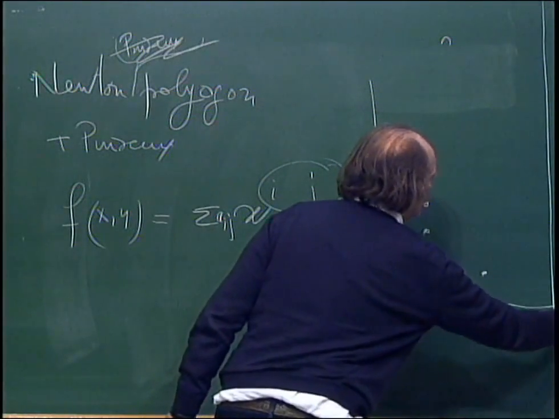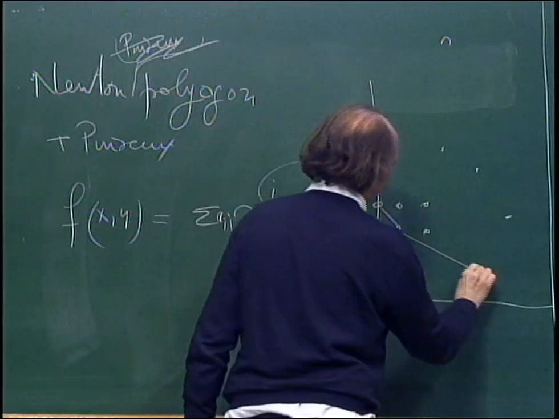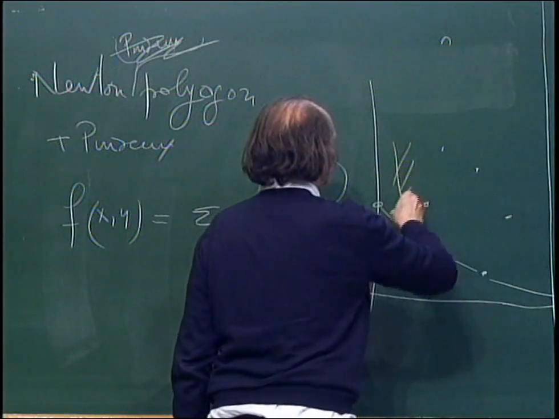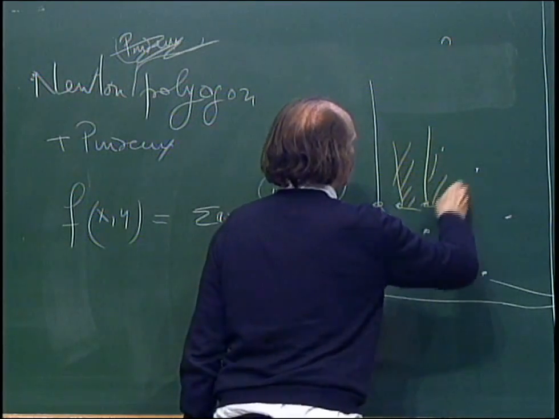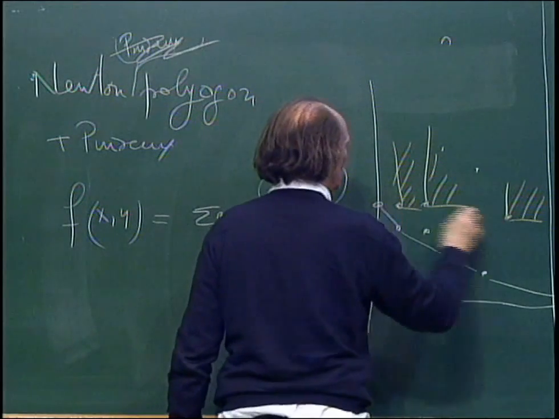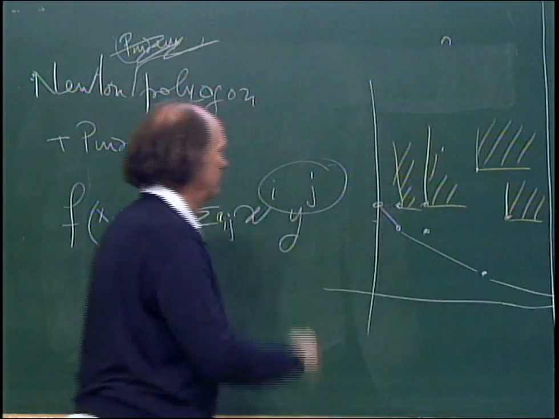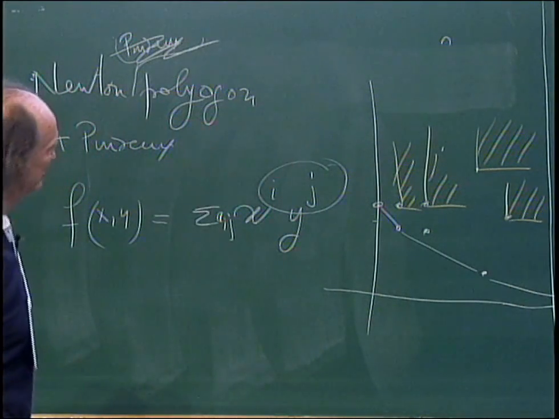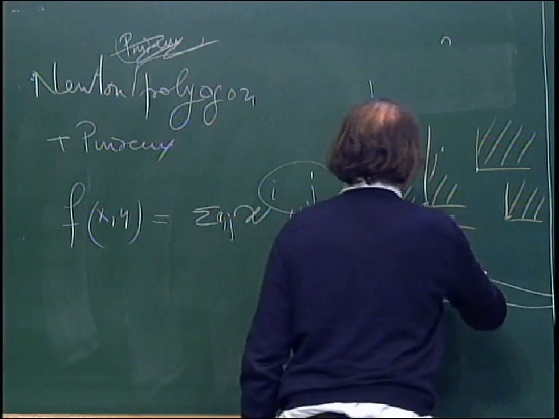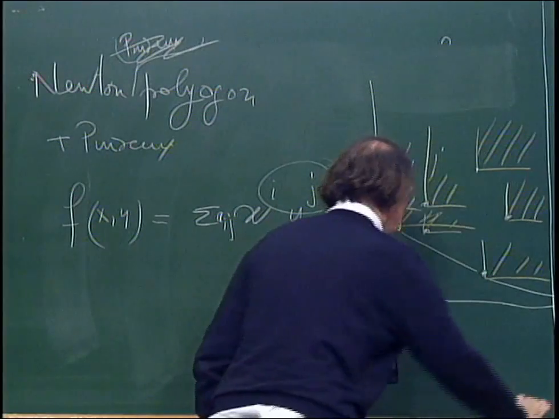One more here, a few more, and at each point which corresponds to an exponent I associate a quadrant, then take the convex hull of the whole stuff, and I get a polygon.